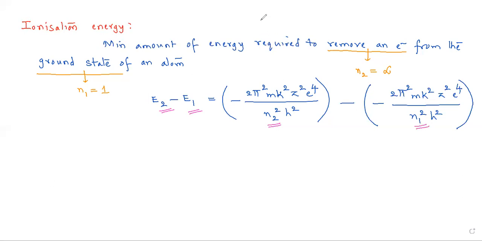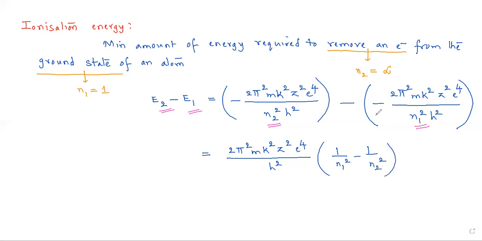Now the second thing becomes positive because it is minus into minus. Let us take the minus into minus plus thing first. I mean, let me consider 2 pi square m k square z square e to the power 4 by, of course, h square into 1 by n1 square minus 1 by n2 square.